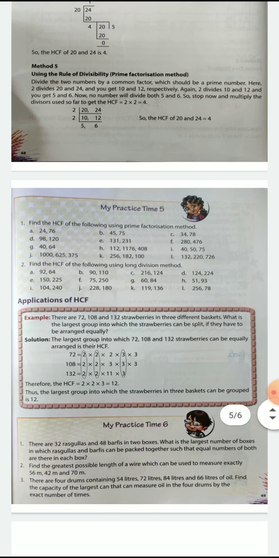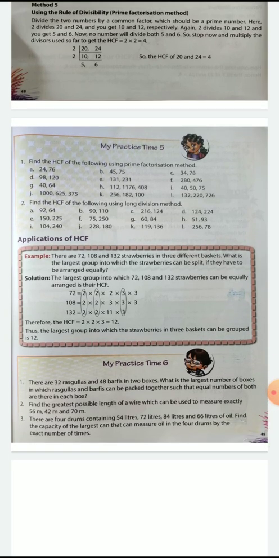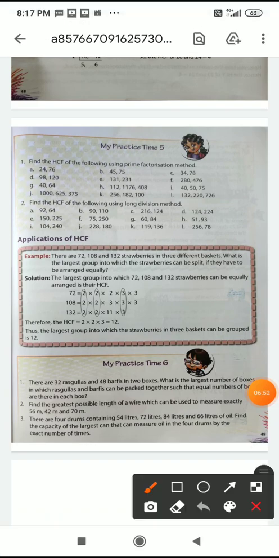Then comes the application of HCF. How do we apply it? Here one example is given. There are 72, 108 and 132 strawberries in 3 different baskets. What is the largest group into which the strawberries can be split if they have to be arranged equally?